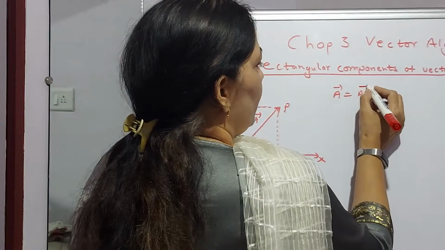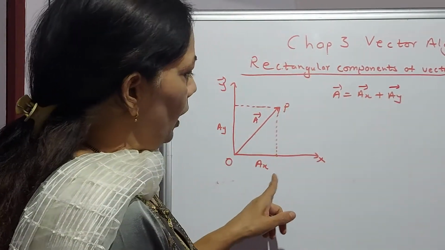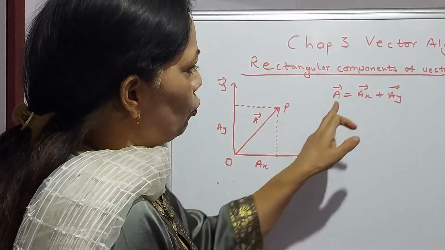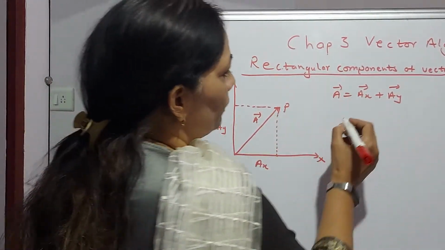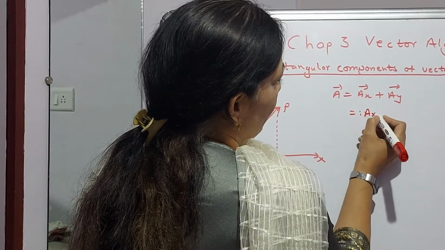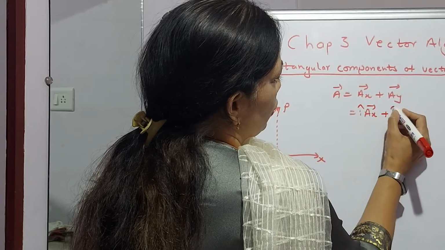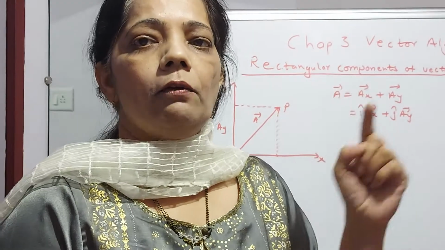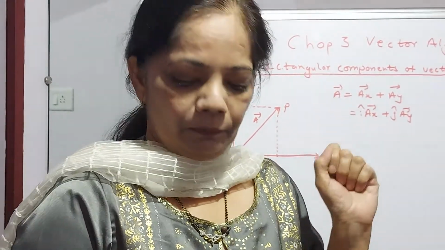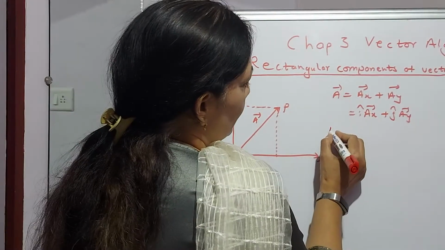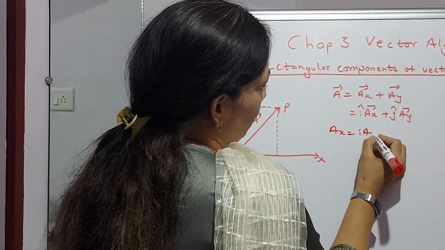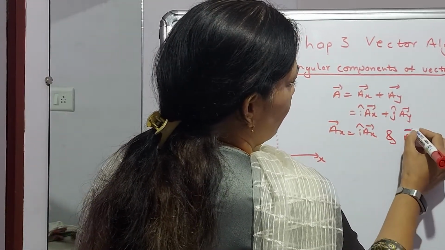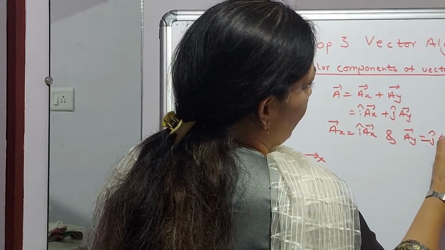What are these AX and AY? These are along the x-axis, so I gave the name AX. Along the y-axis, I give the name AY. Correct? So vector A is given by AX plus AY. This I can write as iAx plus jAy. What are these i and j? These are the unit vectors along X and Y axis respectively. Then I can say AX is equal to iAx and AY is equal to jAy.